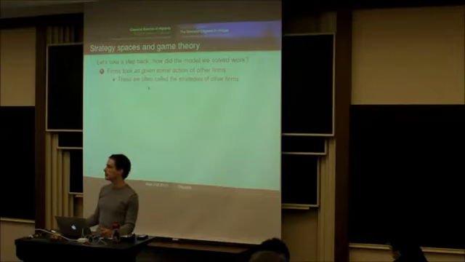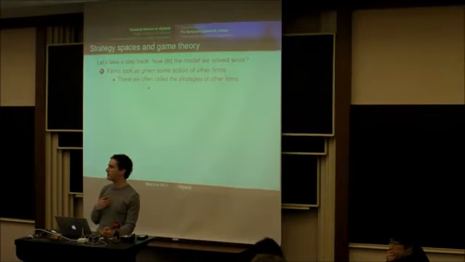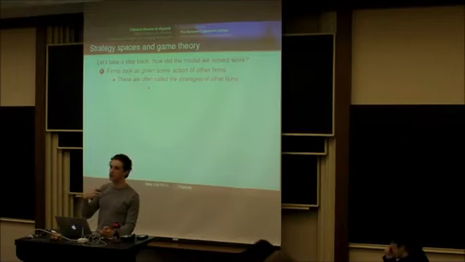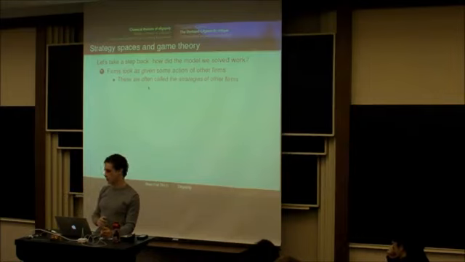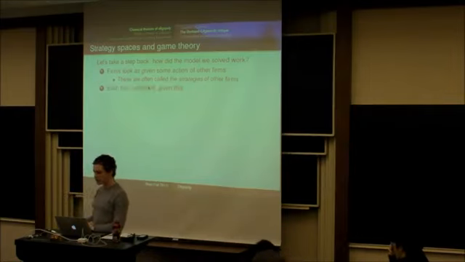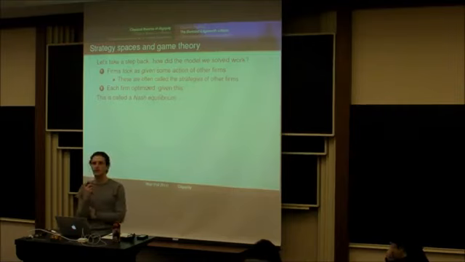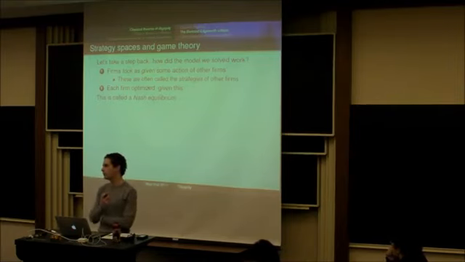And more generically, in economics, we call something a strategy if I take as given your choice of that thing. So I treat your quantity as your strategy if I take as given the quantity that you choose. And we assume that each firm optimized given the fact that it took this as given.